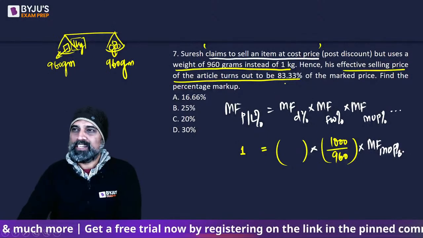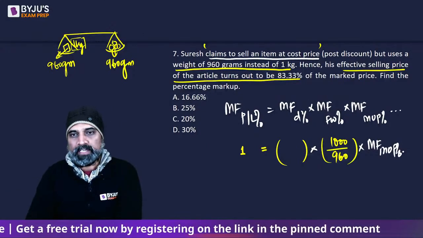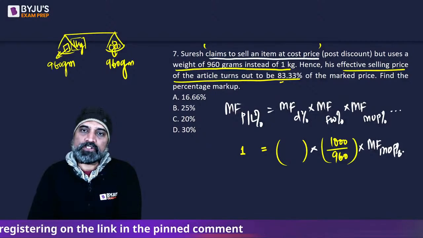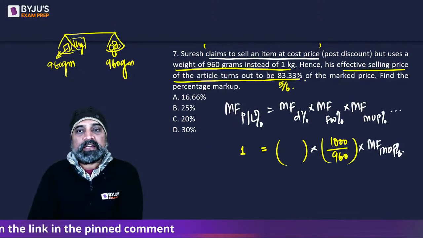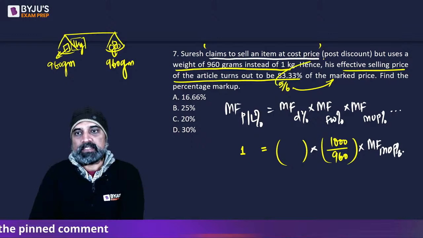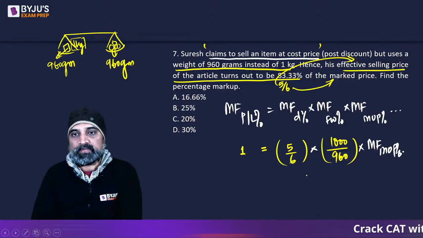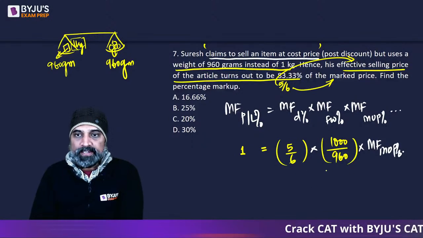Okay. So 83.33%, if I don't want to deal with these recurring values, right? 83.33 is actually 5 by 6. That means if the mark price is 6, the selling price is 5. So the discount turns out to be 5 by 6. Okay.